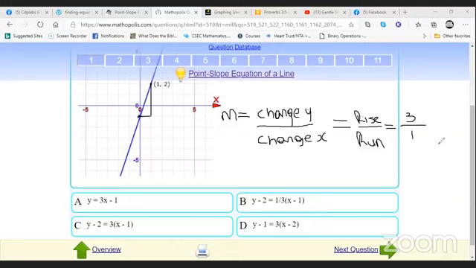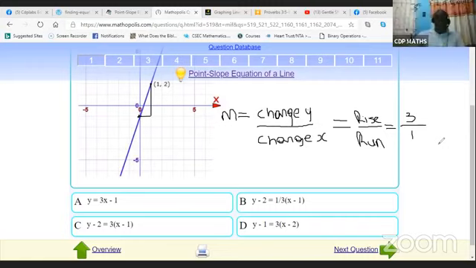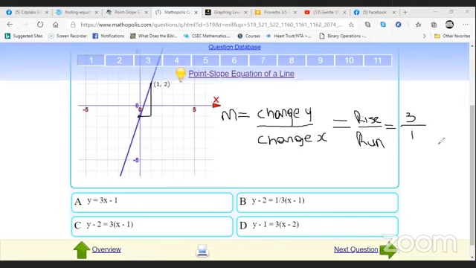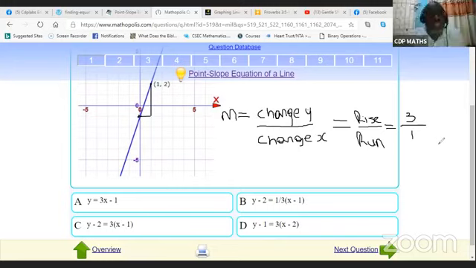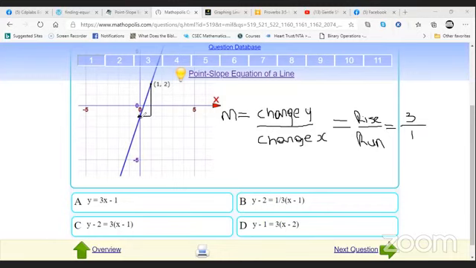Sir, I would end up saying y minus 2 or x minus 1. No, remember, you want the gradient first. You have to find the gradient first.